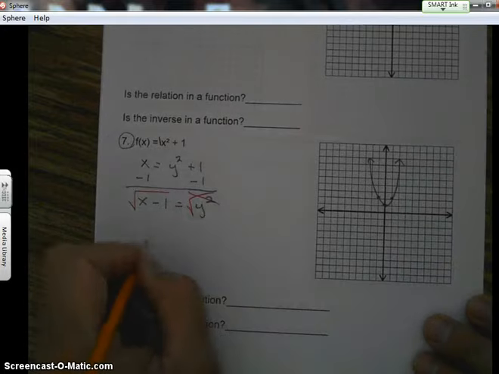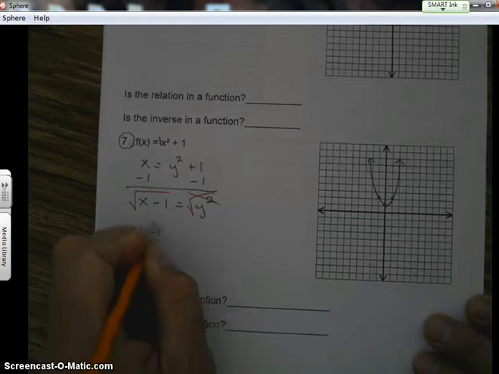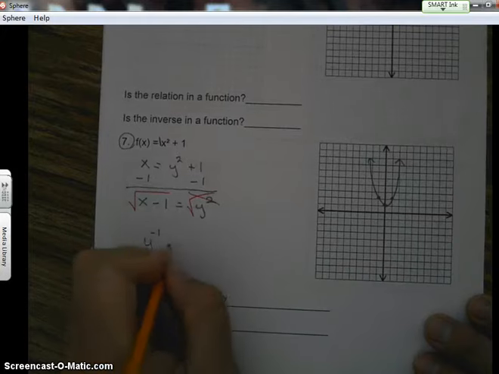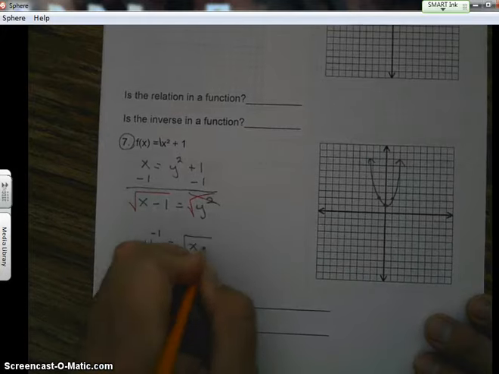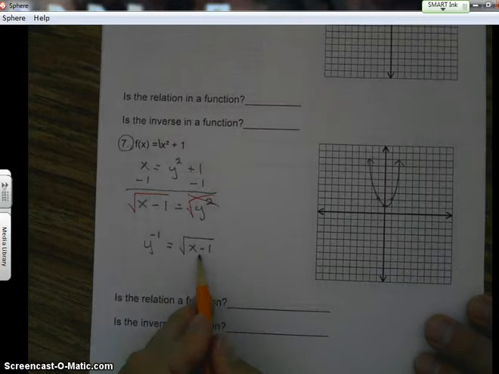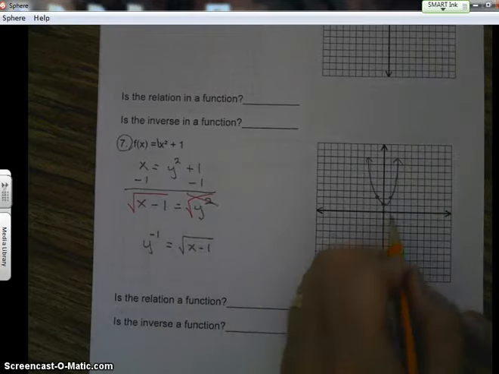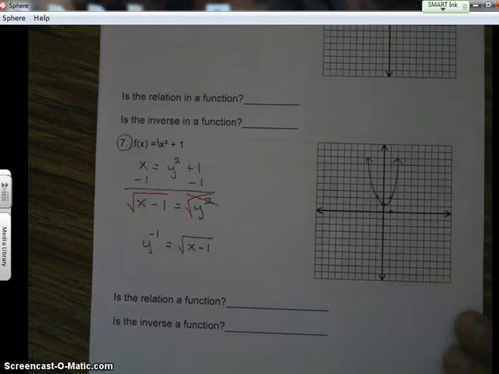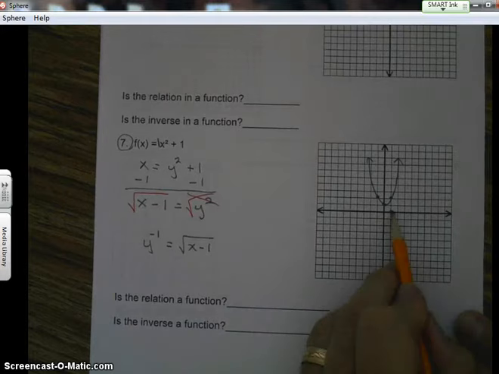So our inverse function is going to be, don't forget the -1 for inverse, the square root of x minus 1. So we have a square root function that's been shifted 1 unit to the right. So if I go over here and I go 1 unit to the right, that's going to be my starting point.